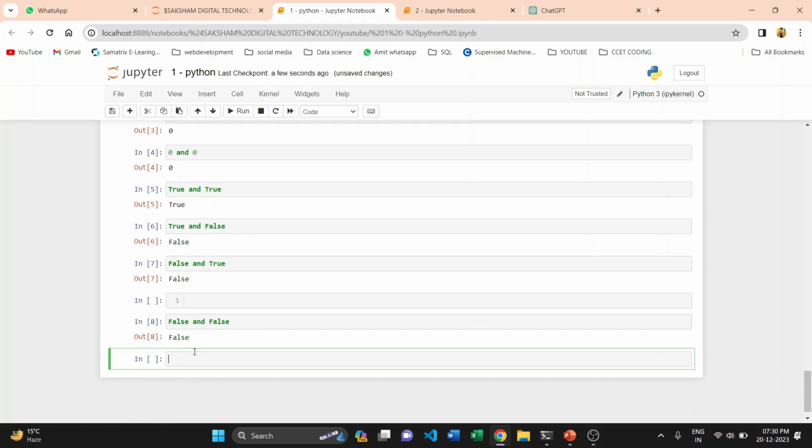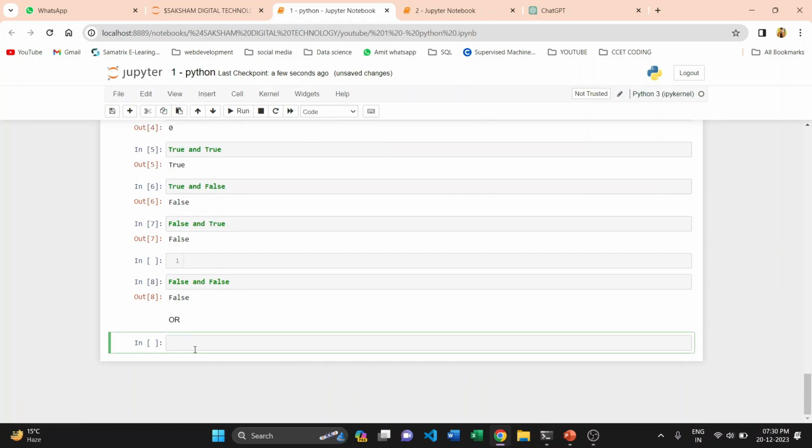And if you want to know the concept of OR, I am writing the code for OR. The concept of OR is that if one of the conditions is true, it gives you true. And if both conditions are true, it also gives you true. But if all the conditions are false, it gives you false.